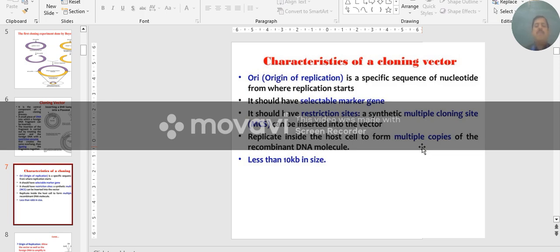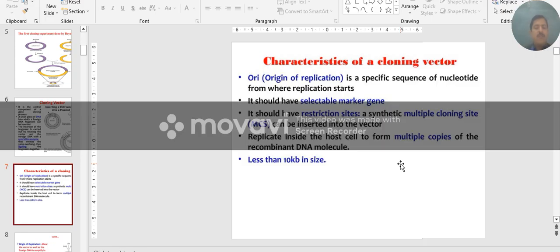Alternatively, a synthetic multiple cloning site could be inserted into a vector molecule, which serves as a common site for the action of multiple restriction endonucleases. That means a multiple cloning site contains multiple restriction sites for a number of restriction enzymes, which can cleave the vector into two fragments that can then be annealed with the foreign DNA.